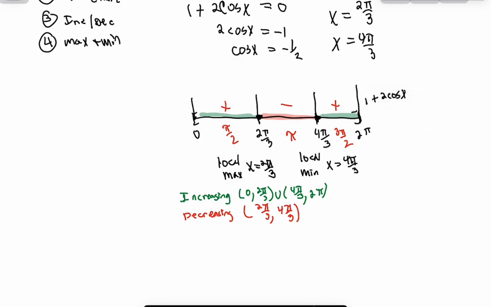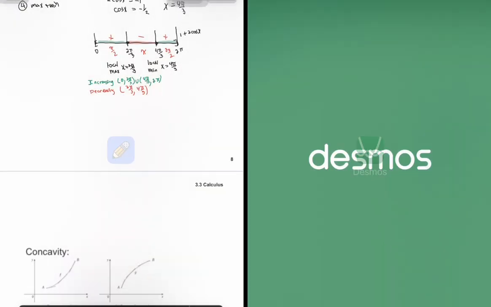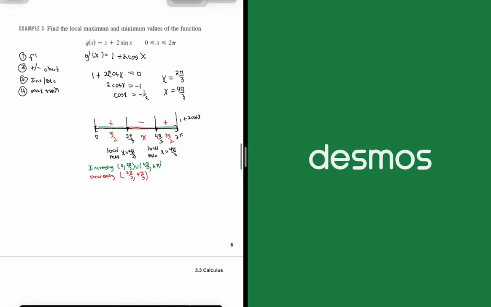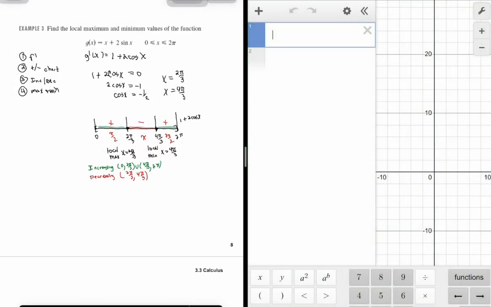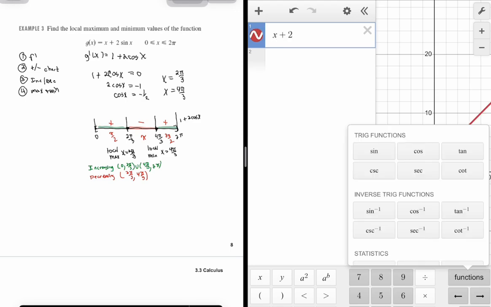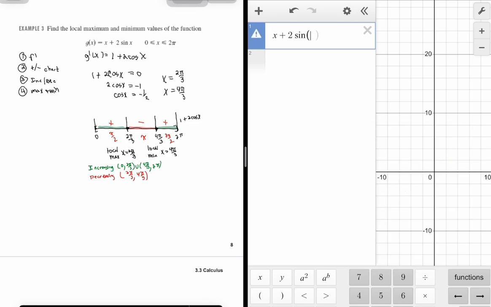Okay. You can always check your work in Desmos. So our original function is x plus 2 sine of x. Isn't that cute?